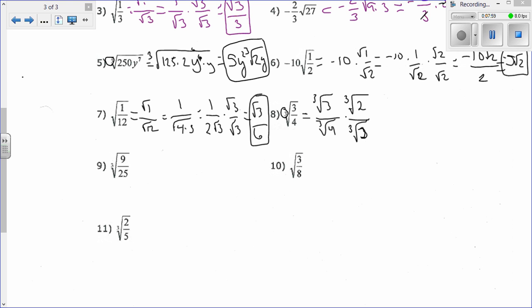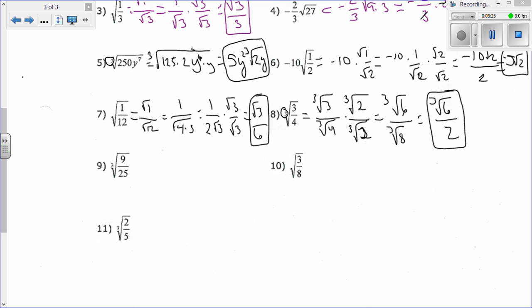So I will have the cube root of 6 over the cube root of 8. Cube root of 8 simplifies to 2, and the cube root of 6 cannot simplify, so I simply keep it as cube root 6 over 2.